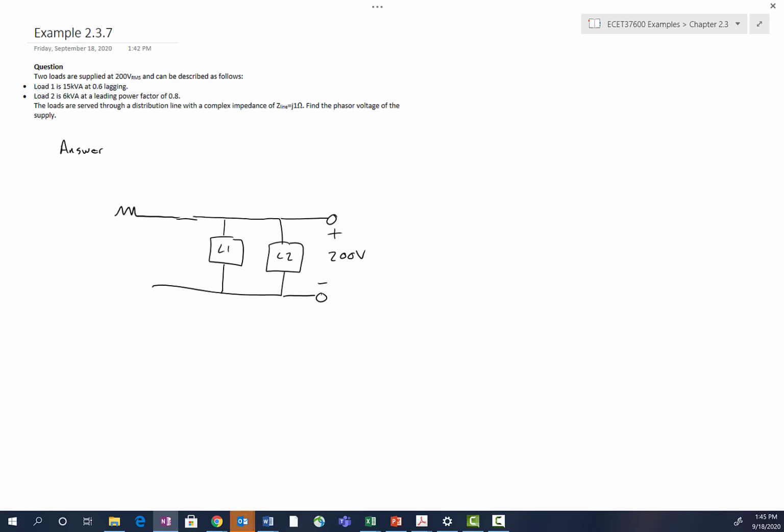So we'll just analyze that as j1 ohms, and then we've got our voltage source, V source. Usually in power systems, when they tell you the total impedance of the line, that's a lumped value. So you can see that I put a j1 in there for the lumped value of the top line and the return line. That's pretty typically how that's specified.